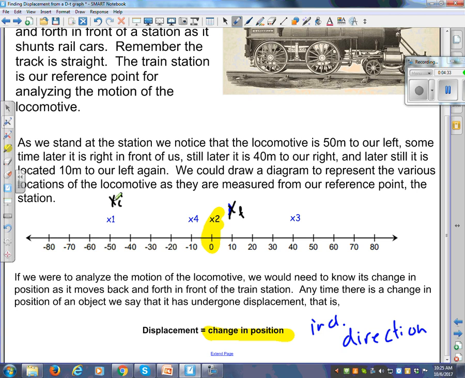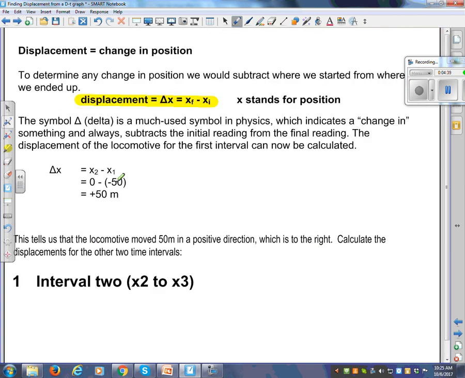So this one minus this one. 0 minus minus 50, which is plus 50. And as Jason pointed out earlier, 50 meters to the right. I'm making it way more complicated than I need to, but I'm doing it using nice, easy numbers so you can see that it works. This tells us that the locomotive moved 50 meters in a positive direction, which is to the right.